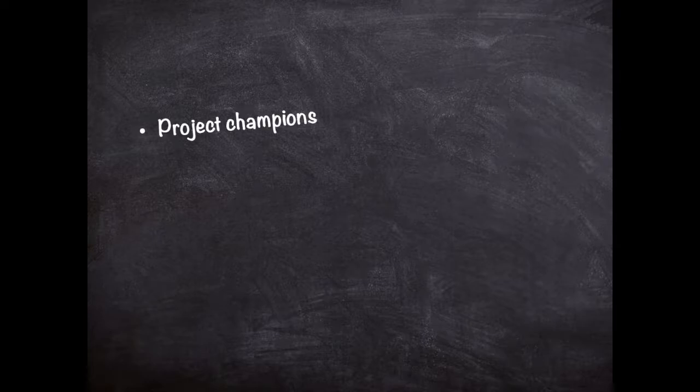And Schilling talks about champions, and she says that is senior members of the company that champion a new product development project. That could be a senior executive that has the power and authority to support and fight for a project.